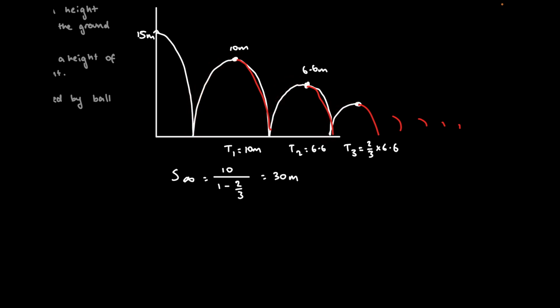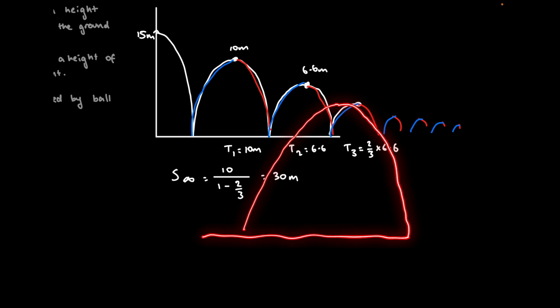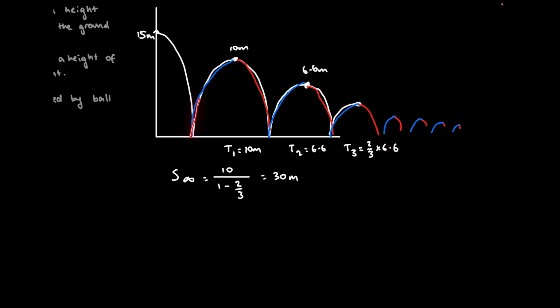And what you can notice is the lines that I'm drawing in blue are the exact same distances as the lines traveled in red. If a ball goes up a certain height, it must come back down the exact same height. It must come back down the exact same distance. So what we can say is this height is going to be 10 meters, and this height is going to be 6.6 meters, and this height is going to be 2/3 of 6.6, 2/3 of the previous, 2/3 of the previous, and so on.